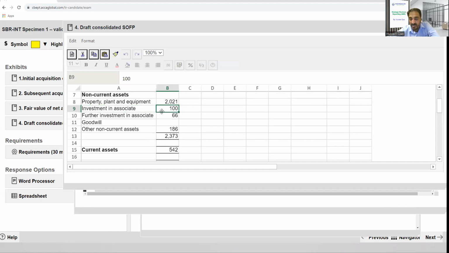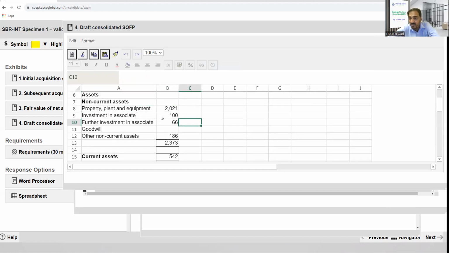And this investment in associate, for example, is a wrong figure. So what does the examiner expect? To rectify the errors and sort out the missing figures, and also sometimes expects you to explain your work.